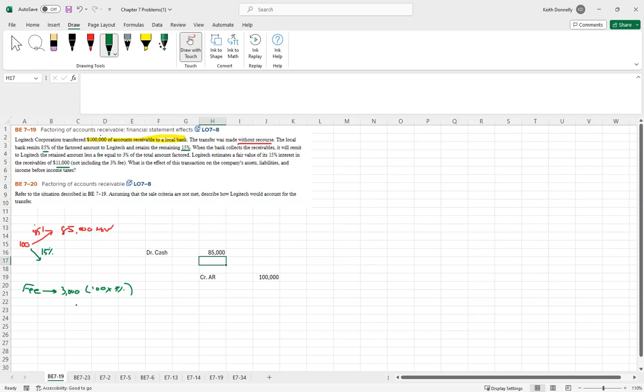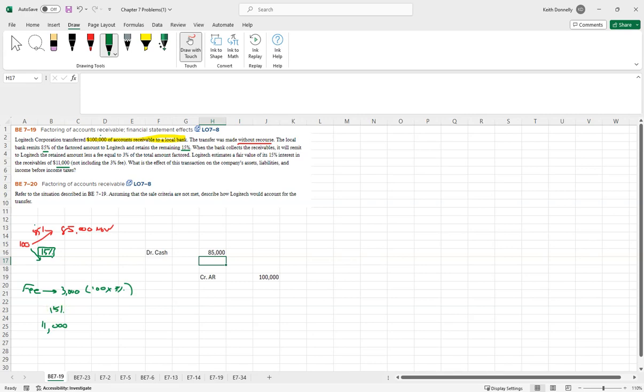And then they say the value of this 15% is worth $11,000. That's going to be the fair value, or what they estimate on it.